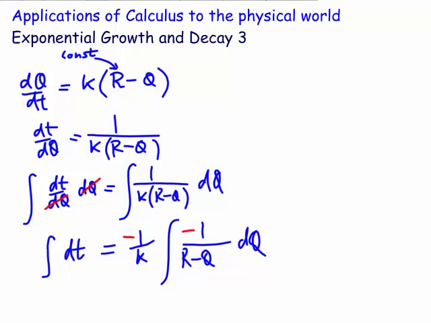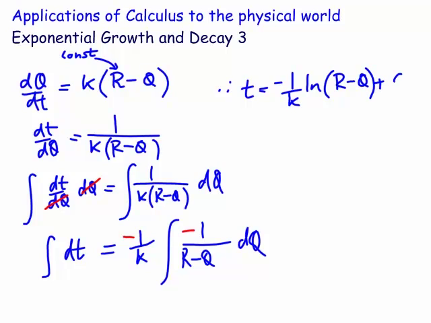Therefore t is going to equal minus 1 on k times ln of (r minus q) plus some constant of integration c. Again we do the same thing, multiply by k, so kt equals minus ln(r minus q) plus kc.